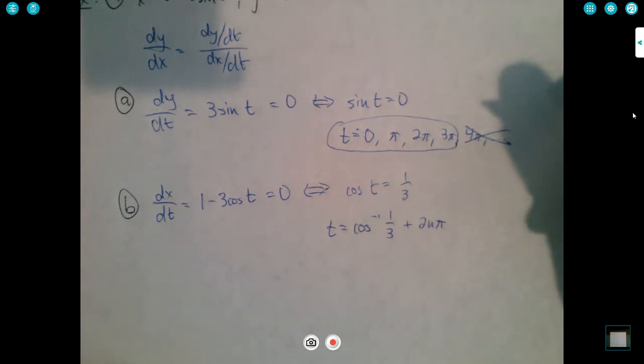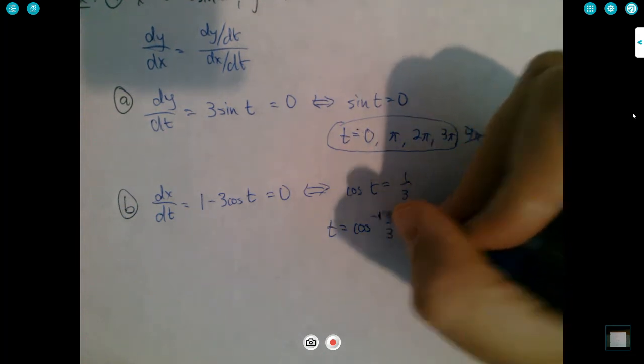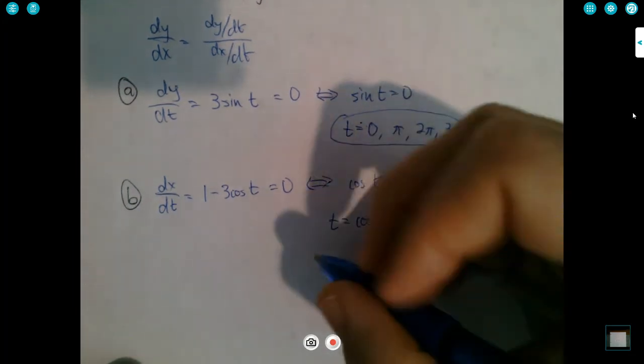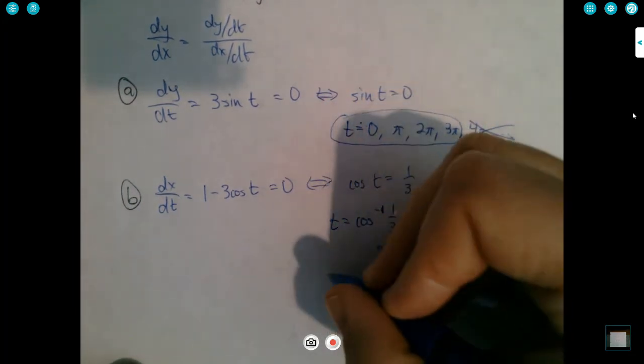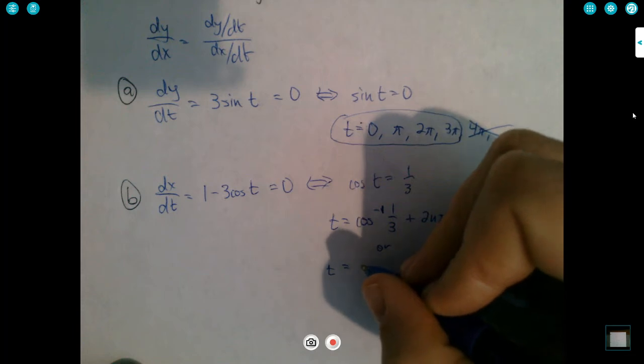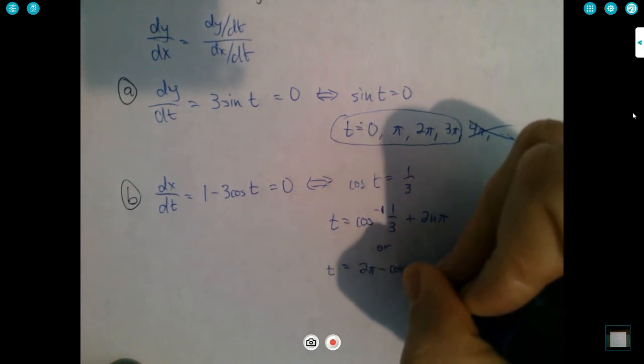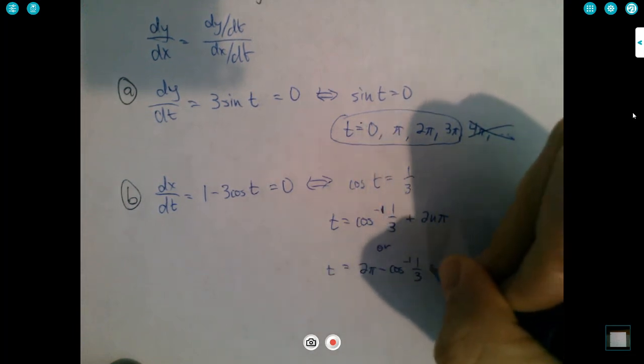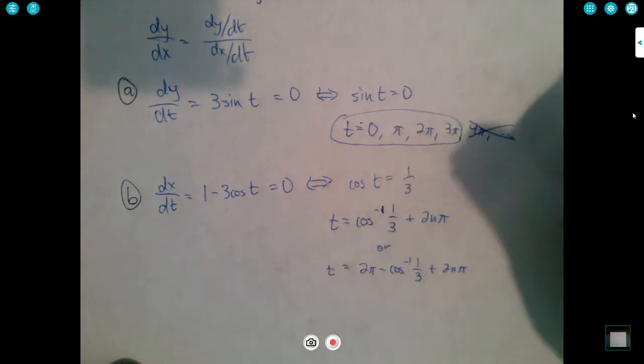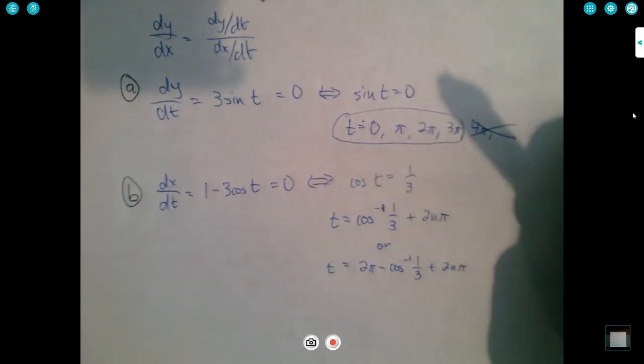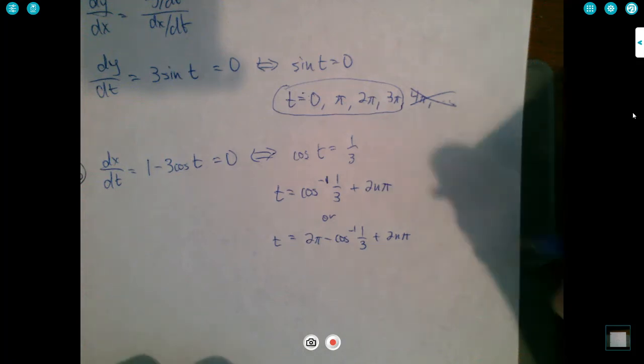That's all of the possible solutions from that particular one. But then there's another possibility that t could be 2π minus cosine inverse of 1/3 plus 2nπ. Okay, so these both are going to generate a bunch of solutions.